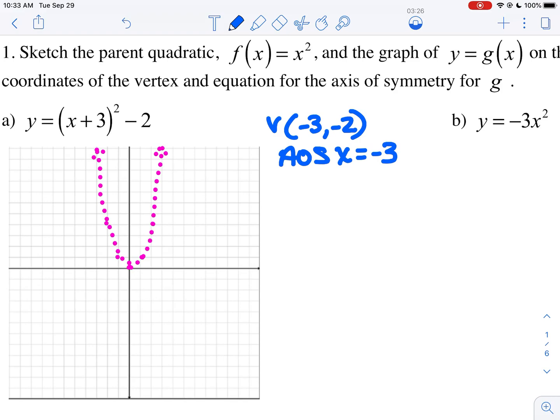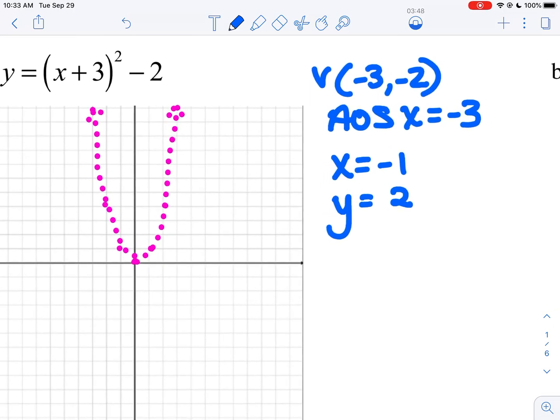Then what I like to do is just pick another point. So if I just randomly select x is -1, plug it in here, my output is 2. So let's go plot this.